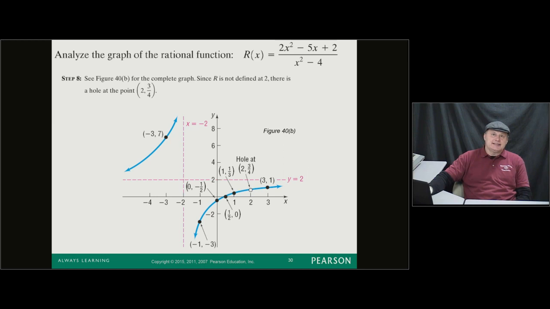And then once you test -3, what he did when he tested -3 and got 7 up there, then you're kind of, okay, it's going to be up there in that second quadrant, having that backwards L shape. But the point -3, 7 is not the important thing. The important thing is knowing that it's up there in the first place. And I know it's up there because I know I don't have any x-intercepts to the left of -2. So it's got to be up there.